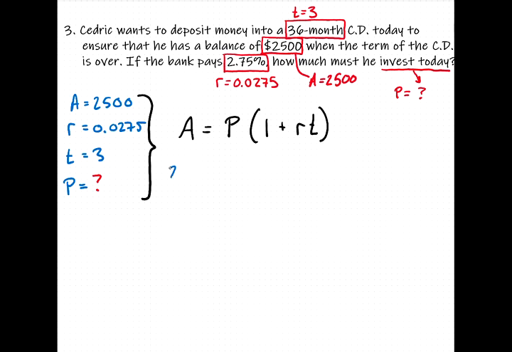Future value we know, 2,500. P is what we don't know. And in parentheses, 1 plus the rate, 0.0275, times the time, which is 3.